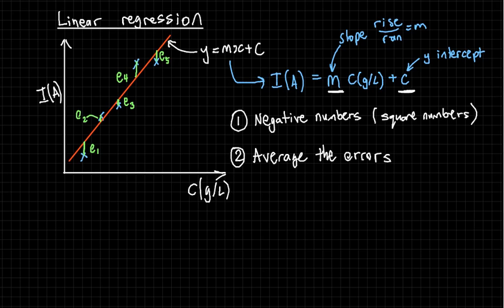Root mean squares, it's usually called. And so we write this as E1 squared plus E2 squared plus E3 squared plus E4 squared plus E5 squared, and we take the square root of that.